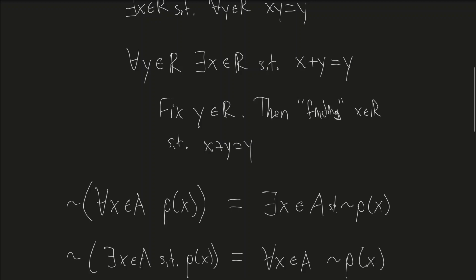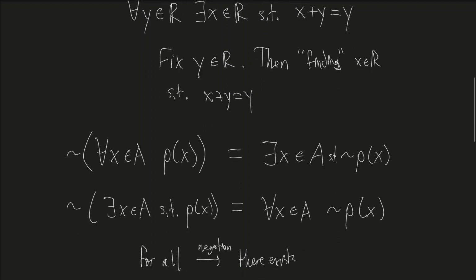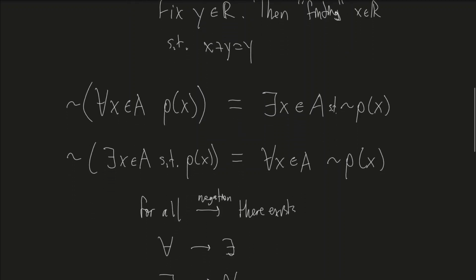And so this is how we negate statements with these quantifiers. And so hopefully you see a bit of this pattern. When we negate the universal quantifier, it turns into an existential quantifier, right? So we have for all goes to there exists. And when we negate the existential one, it turns into a universal one, right? So there exists goes to for all. And then the proposition within here just becomes negated.